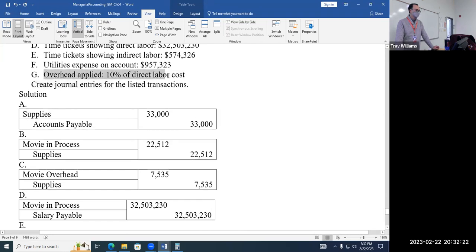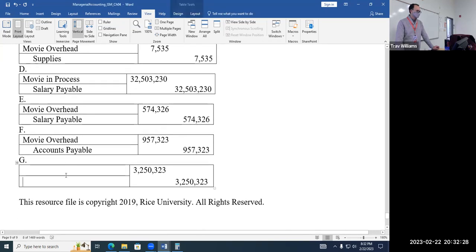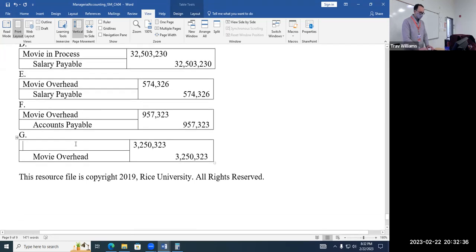Then overhead is applied at a rate of 10% of the direct labor costs. So they're taking it out of movie overhead and going into movie in process. Like that.